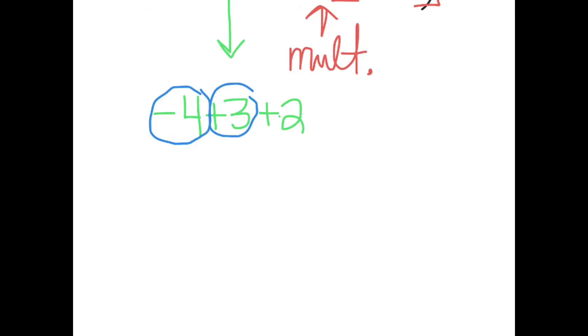Are the signs the same or are they different? Well, these are different. One is negative and one is positive. So different signs subtract. 4 minus 3 is 1. Keep the sign of the larger number, which is negative. 4 is negative. So I really have -1 plus 2.